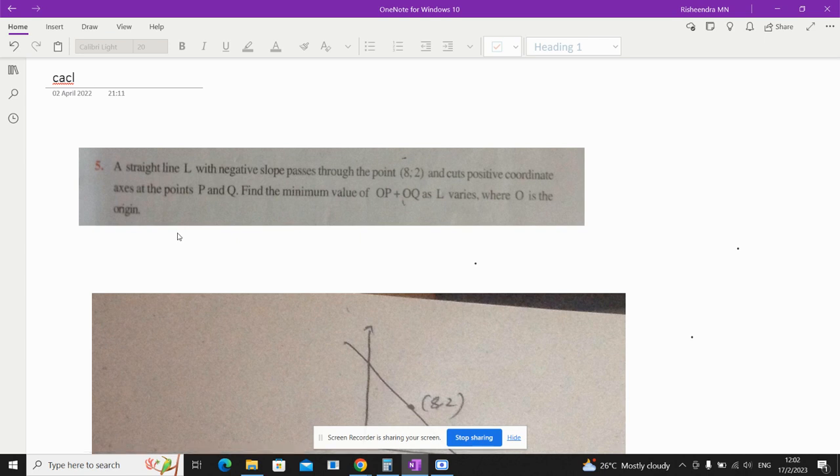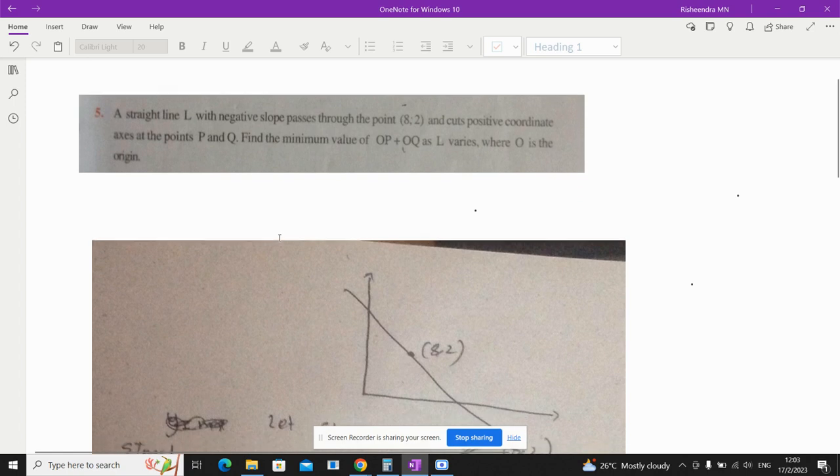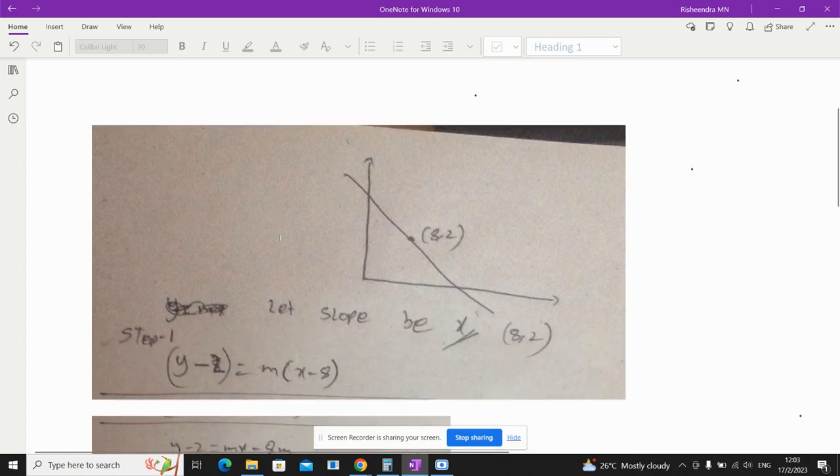A straight line with negative slope passes through the point (8, 2) and cuts the positive coordinate axes at P and Q. Find the minimum value of OP plus OQ, the x-intercept and the y-intercept, where we have to find at what slope the sum of the x-intercept and y-intercept will be minimum, and the slope must be negative.